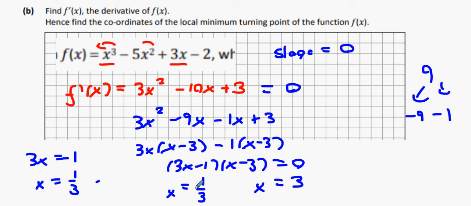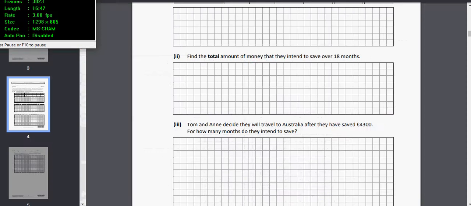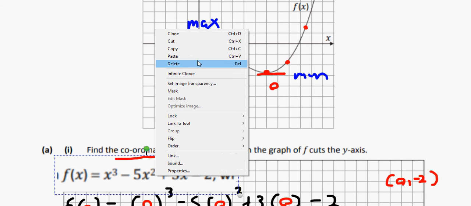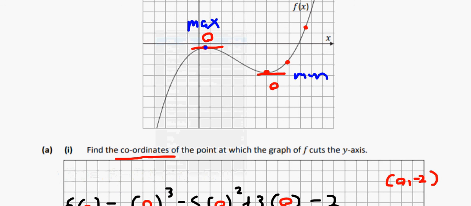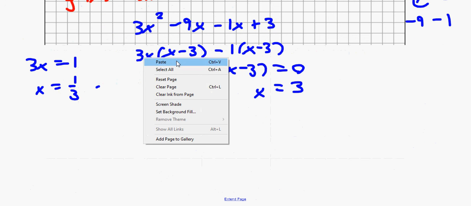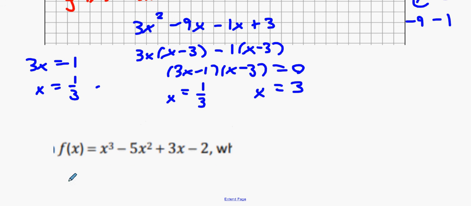Now, here's what we have to look for. Which one do you think is the max anyway? We go back here. I think the max is the 1/3, and the min is the 3, isn't it? Now, how do you find out which one's which? You get your original formula, and with your original formula, you've got to insert 1/3 and 3 to find out which one has the higher y value.